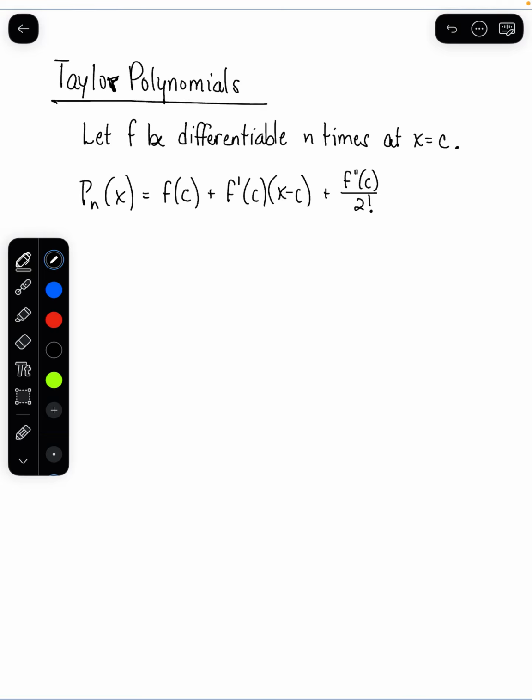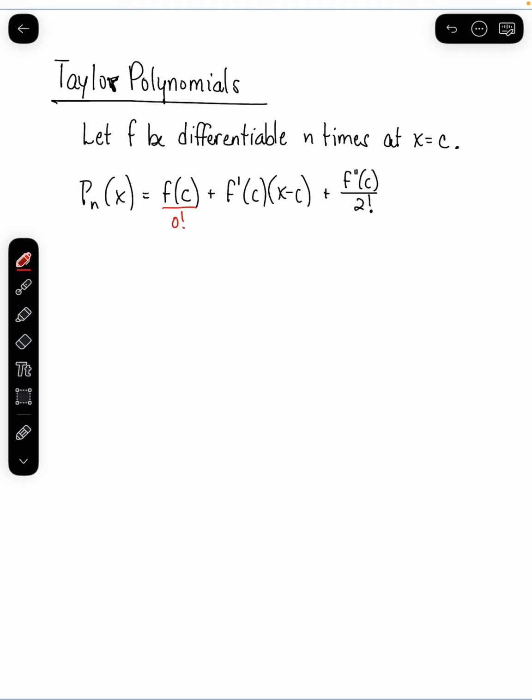If I may, this could be thought of as having a denominator of 0 factorial, whereas this could have a denominator of 1 factorial, where 1 factorial is obviously just 1, and 0 factorial, with an interesting non-intuitive result, is actually defined as being equal to 1 as well.